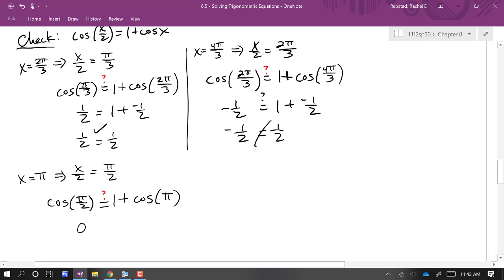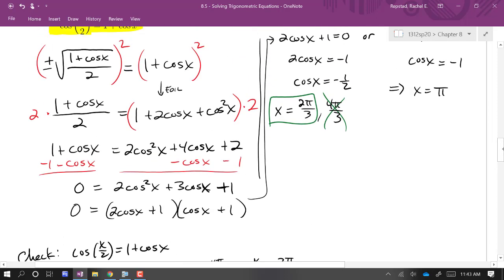Well, cosine of pi over 2 is 0. 1 plus cosine of pi is 1 plus negative 1, and that is in fact equal to 0, so that checks out as well. So there are two solutions to this equation in one go around the unit circle.